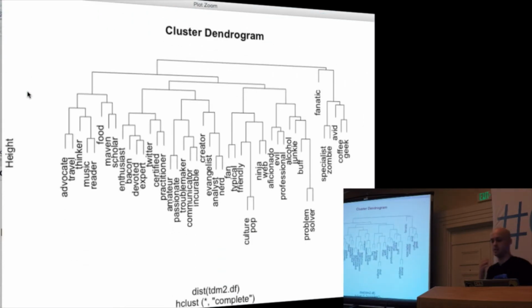So this is the base R plot for a dendrogram. Hopefully you guys can see that. And so you can see, like, I find this kind of challenging to read. It's kind of, all the words are different heights. It's not aesthetically pleasing, but it does get a point across, right? You can see specialist, zombie, avid, coffee, geek, and fanatic are its own kind of cluster over to the right. And that is supported by both what we saw in the frequency and in the association analysis.